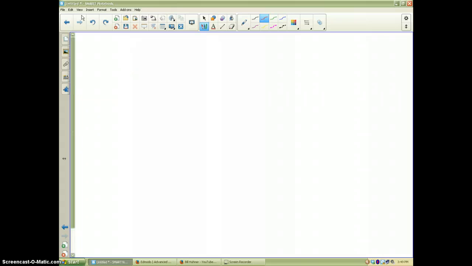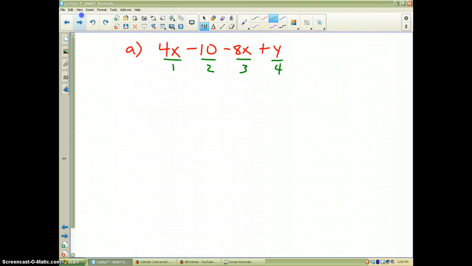Now, let's try a couple of examples. Letter A. Let's say you have 4x minus 10 minus 8x plus y. In this particular algebraic expression, I have 4 terms. 1, 2, 3, 4.